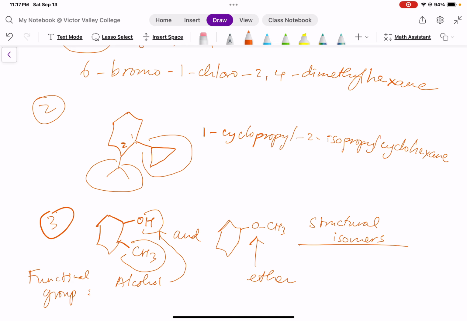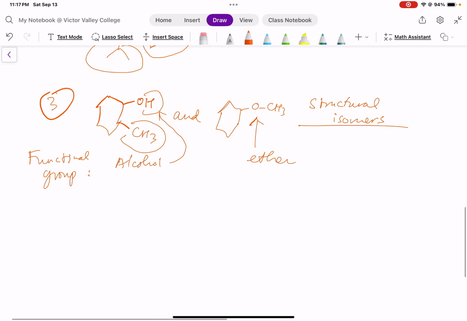Okay, another good example: you got a cyclopropane and you have 1, 2, 3, 4, 5. You got a Cl and you have a Br right here, for example.